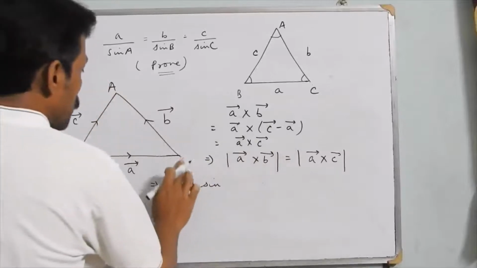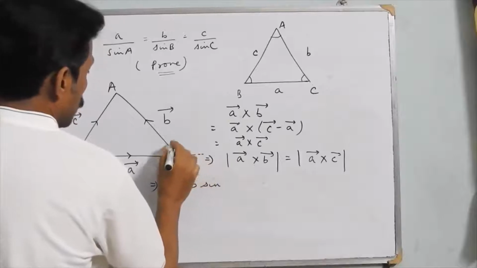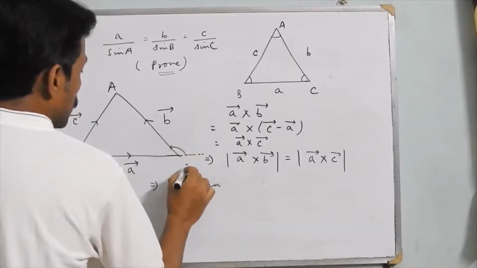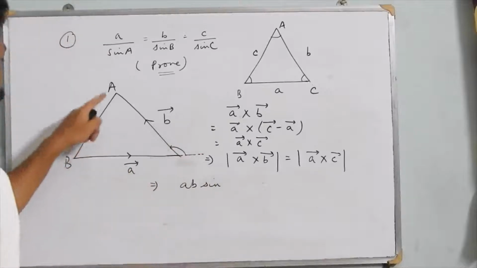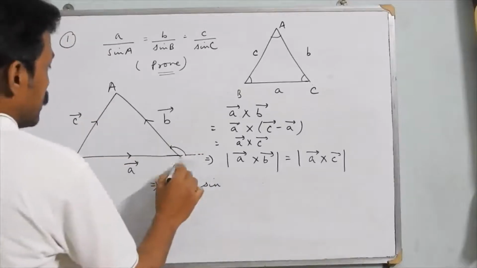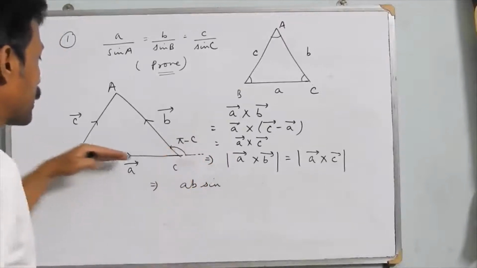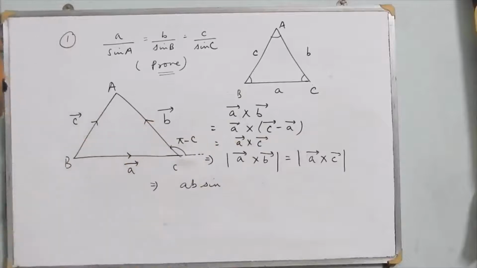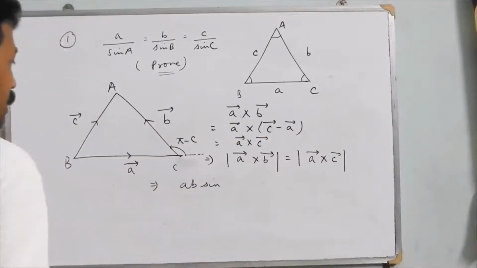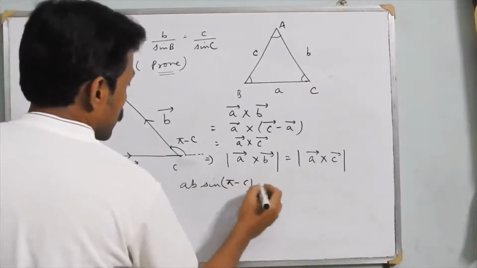So this obtuse angle should be taken here as the angle between the directions of A vector and B vector. If this angle is C, this angle is pi minus C, that is 180 minus C. So this will be AB sin(pi minus C).